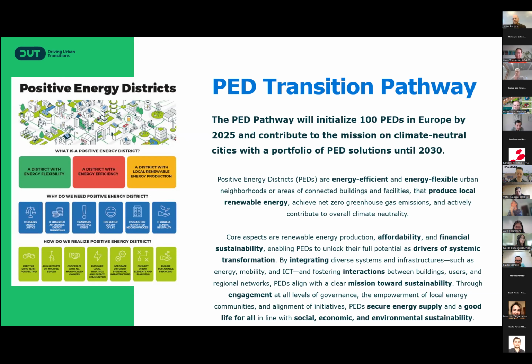And throughout the perhaps never-ending process of realizing a PED, digital twins and decision-making tools for PED, which we soon will hear more about, can be crucial elements in order to succeed.